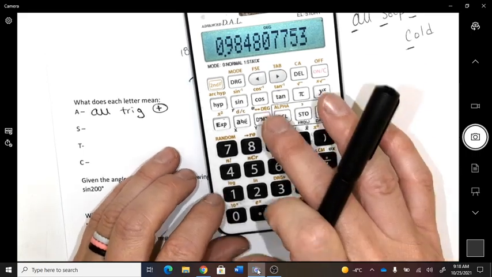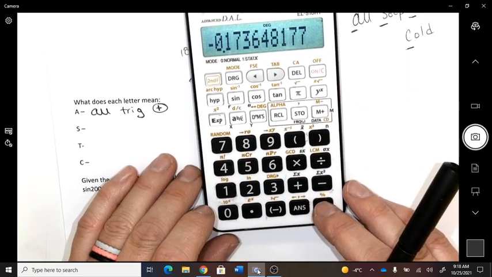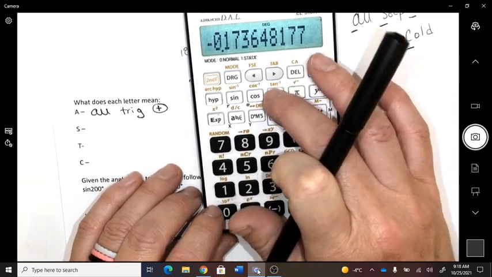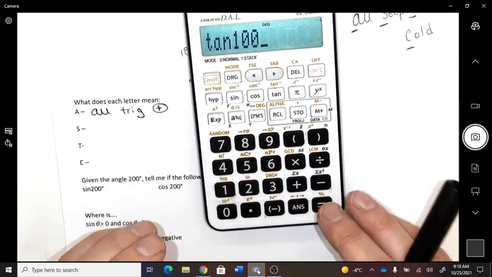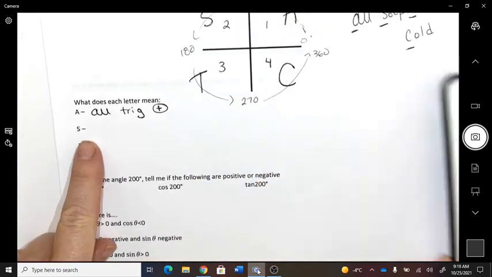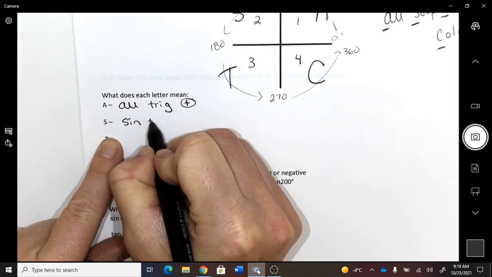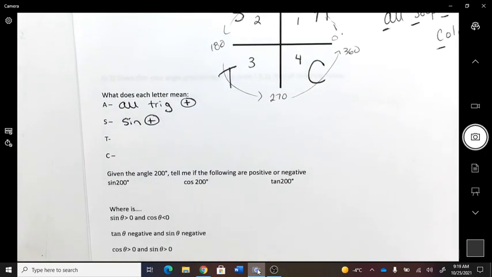Positive. Cos of 100. Negative. Tan of 100. Negative. So why do you think I put an S there? Sine was positive, which meant the other ones were negative, right?